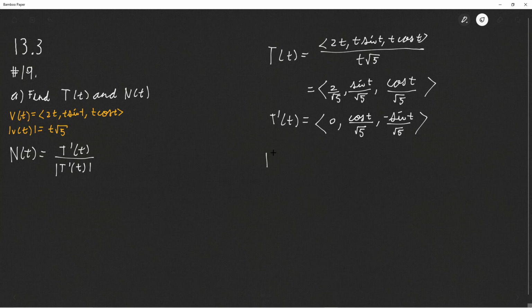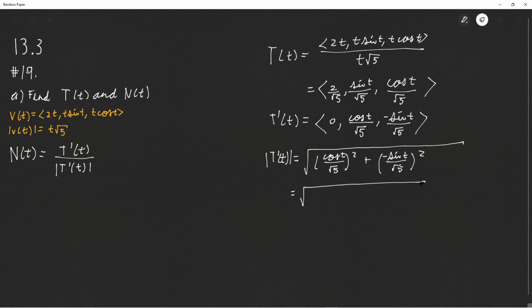And then to find the magnitude of T prime of t, it's the square root of cosine of t divided by root 5 all squared plus negative sine of t divided by root 5 all squared, which gives us the square root of cosine squared of t divided by 5 plus sine squared of t divided by 5.